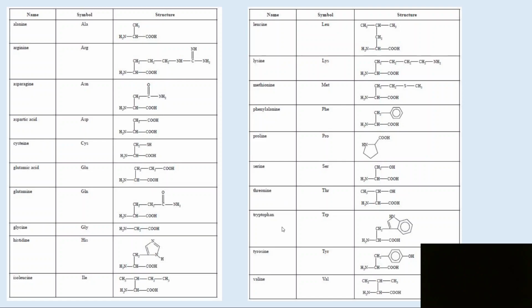Serine, threonine, tryptophan. Who's heard of tryptophan before? Where have you heard about it? Okay, where's a more common place where you might find tryptophan? Apart from a data booklet. Anyone heard of turkey? The food. Apparently, no, it's not really what makes you sleepy.